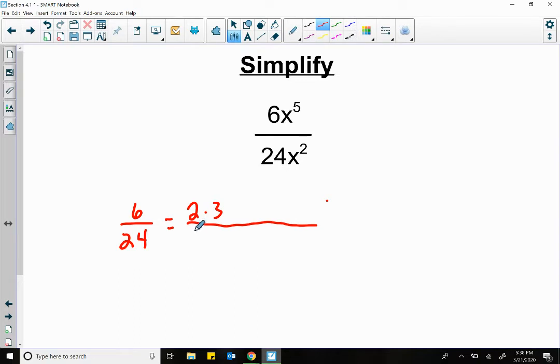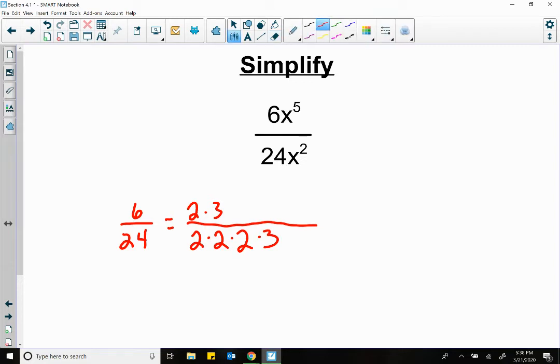Well, it's made by 2 times 2 times 2 times 3. Okay? That's the prime factorization for 24. It's 2 times 2 times 2 times 3.